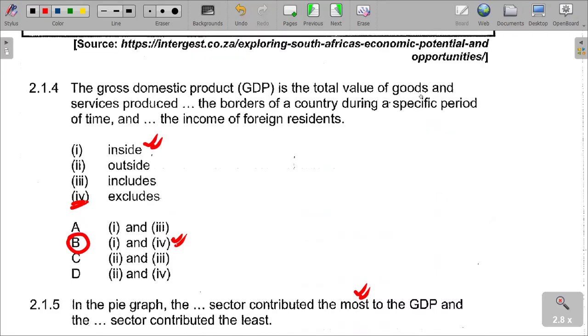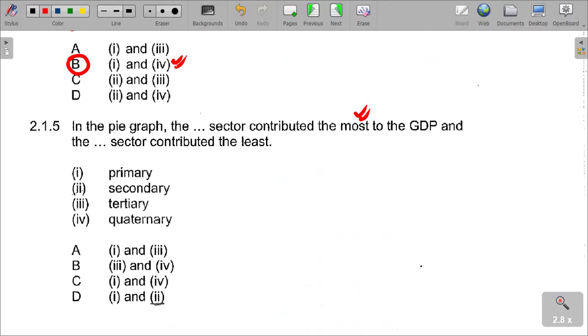According to this, we are supposed to give them according to the primary, tertiary, and other sectors. So the sector that contributed the most, we shall see, is the tertiary sector, which is the biggest, and then the primary sector has the smallest.